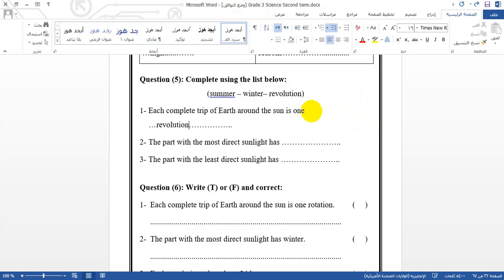Because there is no space for that reason. 2. The part with the most direct sunlight has what? Which one of them? Summer. Okay guys, the summer.